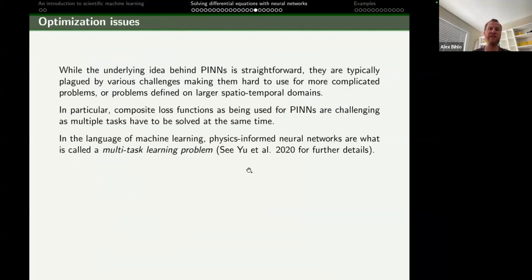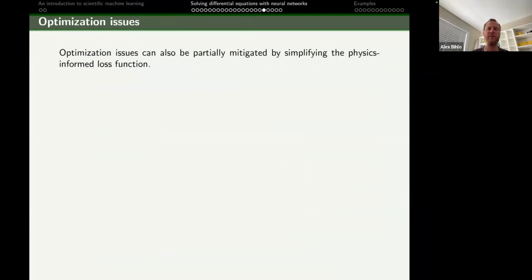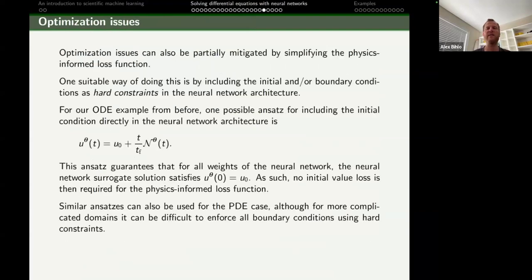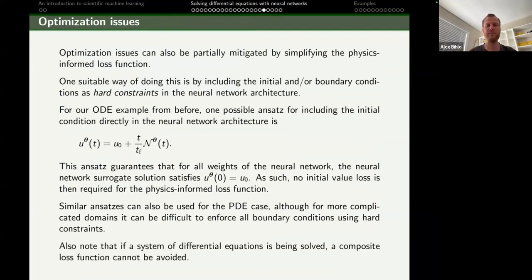So this allows you to mitigate some of the challenges, but it doesn't allow you to bypass it completely. And also if you have really complicated domains, say for tsunami research, I want to study how a wave hits a coastline. To enforce the condition at the coastline as a hard constraint can be quite challenging if the coastline is quite complicated.